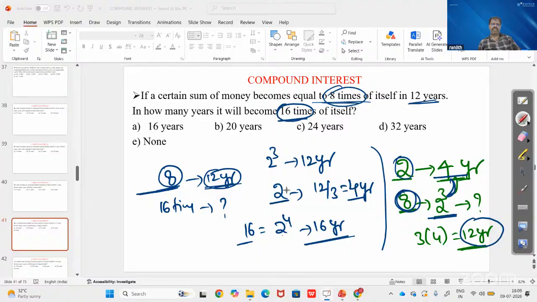But in this question it is directly given that 8 times is becoming 12 years, so then 16 times will become how many years? We need to write the initial times: double equal to 4 years, so 16 times equal to 16 years.